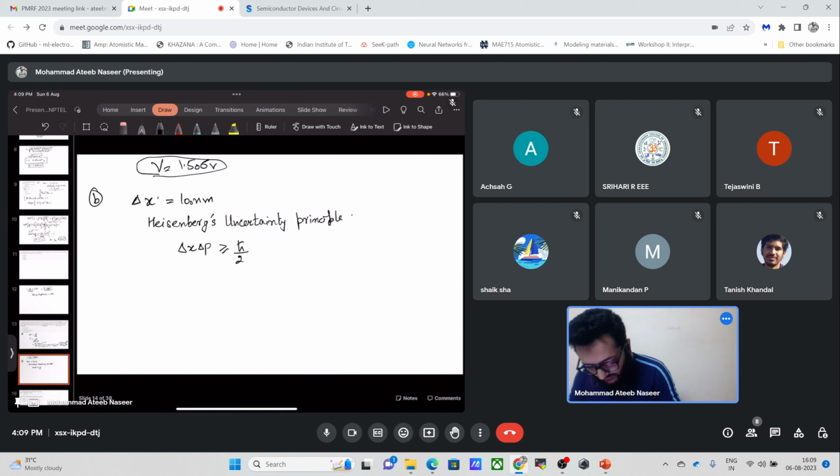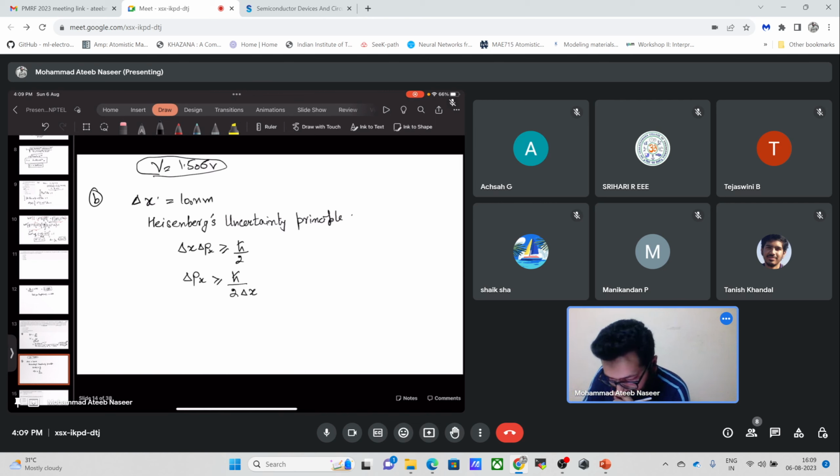So we can say this delta p, I can even denote it by only x. This is not the momentum in 3D, this is the momentum in the x direction only. Since we are dealing with a 1D problem, delta px has to be greater than or equal to h bar by 2 delta x.